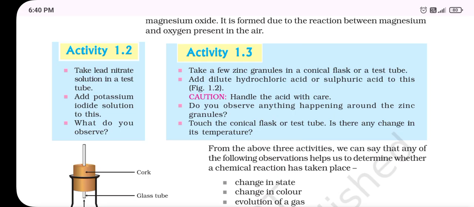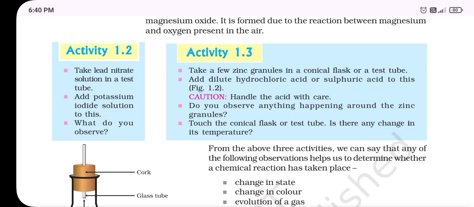You observe a double displacement reaction: lead nitrate Pb(NO3)2 plus KI forms lead iodide. Lead iodide is formed and potassium nitrate is formed.